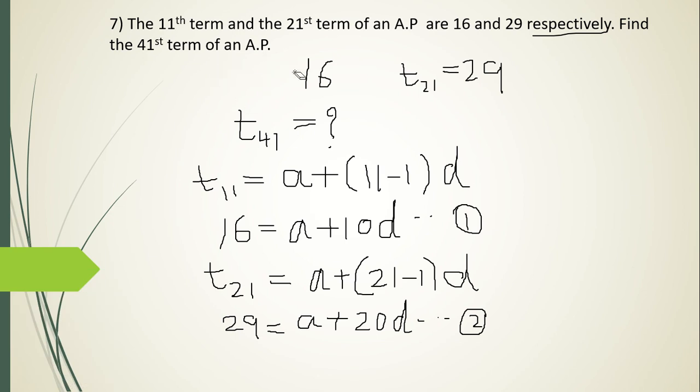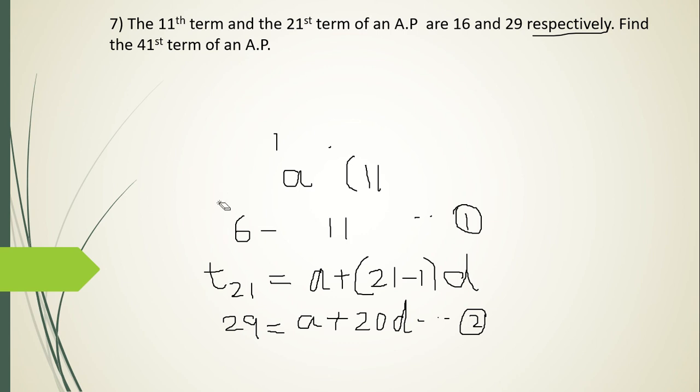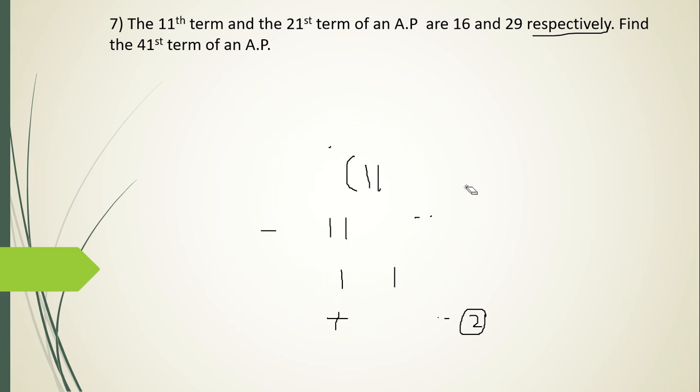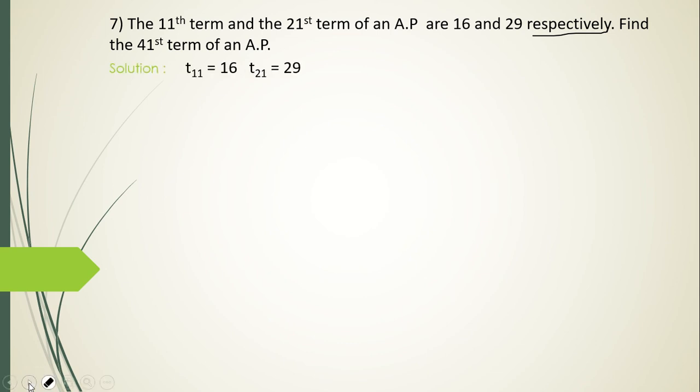So let's see how we do it. T of 11 is equal to 16, this is given in the question, and T of 21 is 29, this is given in the question. So let A be the first term and D the common difference. That is what we assume always, right?